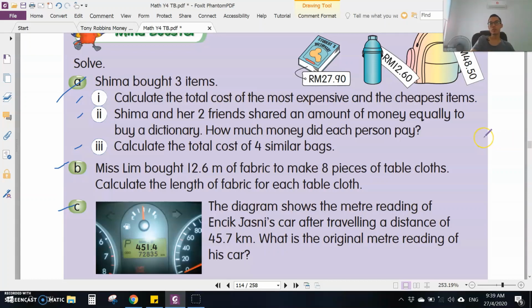So you have to read the question carefully. Underline the keyword, right? For example, this one, total. You see the word total, you know what to do, right? Share, when you kongsi, share equally, you know what to do, right? Total again, okay? Each person has to pay. All these are keywords, so you need to underline the keywords and then you solve the problem.